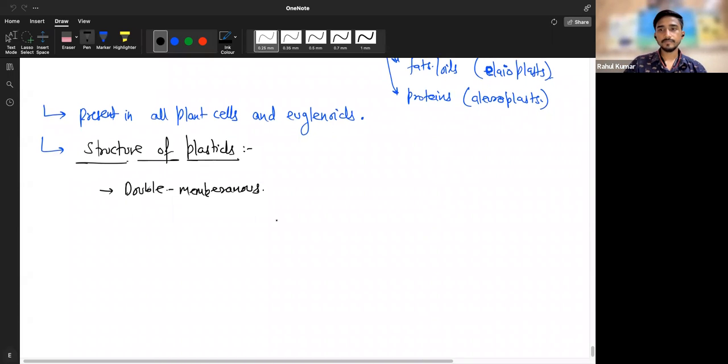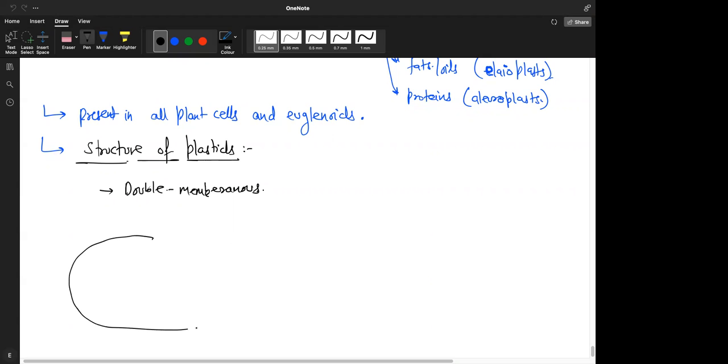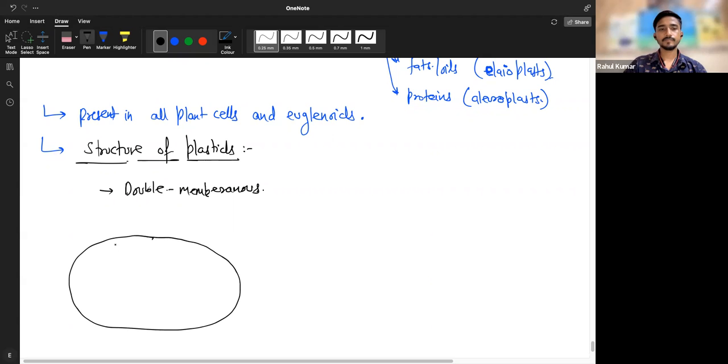Am I audible? Okay. What happened? Am I audible, Iram, Aisha? Yes, it's audible. Okay. So let's say this is the outer membrane for plastid. And then there is an inner membrane. The inner membrane is just like the nuclear membrane, smaller than the outer membrane.